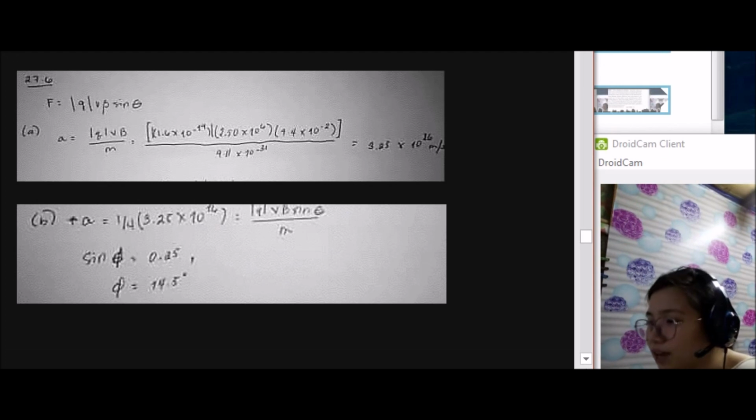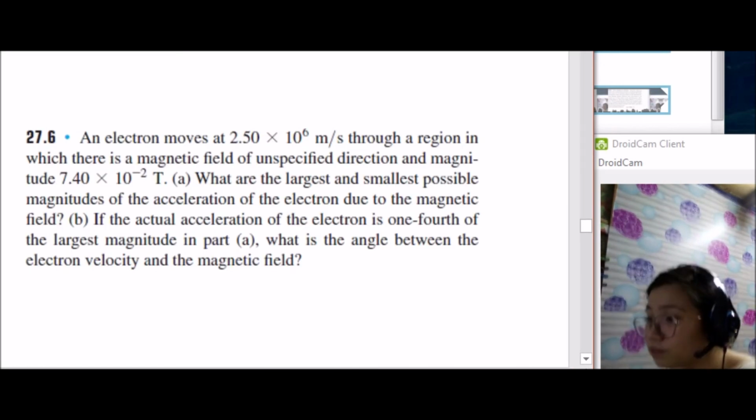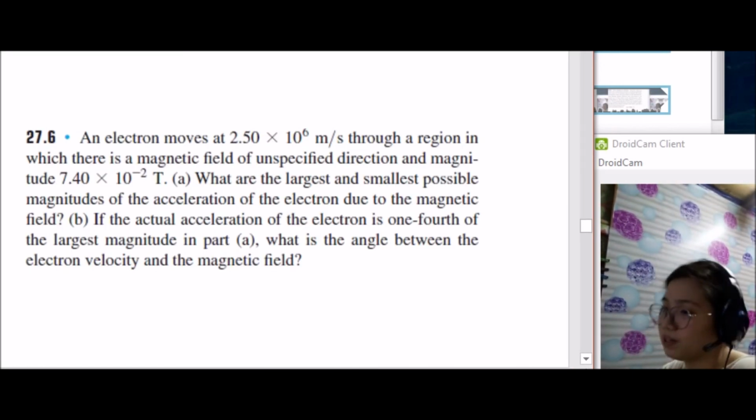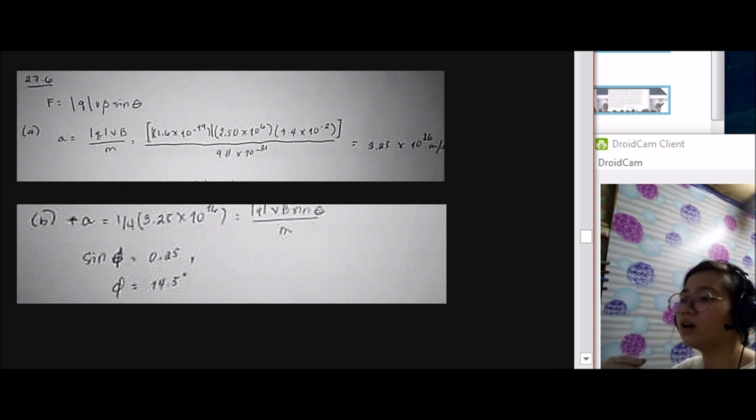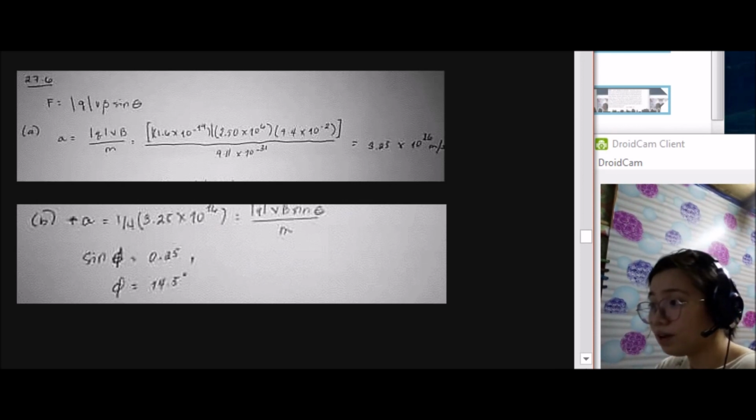If the actual acceleration is just 1/4, what is the angle between the electron velocity and the magnetic field? When we're talking about angle, we make use of qvB sine theta. Equating, you want to know the theta.